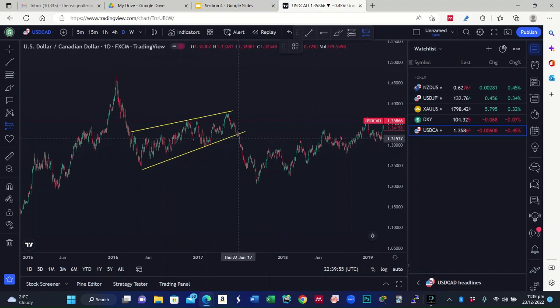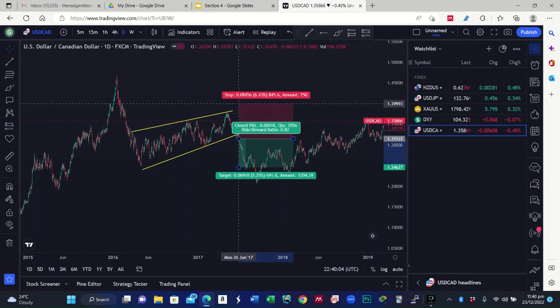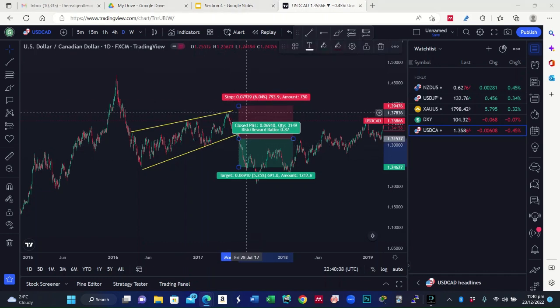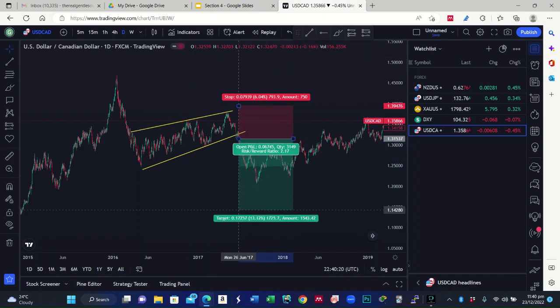You can place it just under this correction, and then the stop loss will be just above it. It means it is protected. So then your take profit will be like this. This region is your stop loss, and this region is your take profit. You can extend it for as long as you want, depends on what you are looking for.